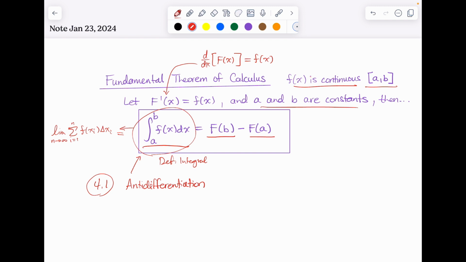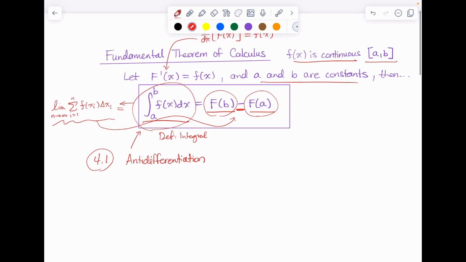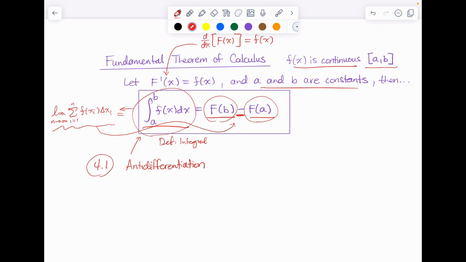But somehow this crazy calculation can actually be simplified into finding the output of a function here, finding the output of the function here, and then just subtracting the two. It just boils down to subtraction. This amazingly complicated sum, the area under a curve, can be calculated using subtraction. Absolutely mind-blowing.